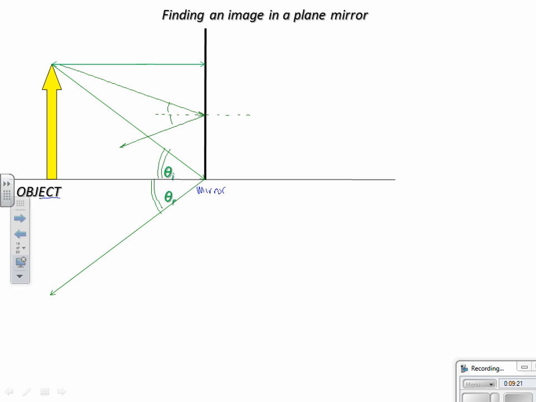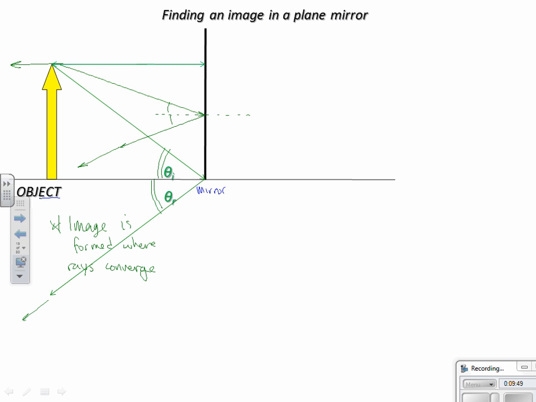Where's the image of this arrow, or the top of the arrow? Where's the image? Well, we have these rays that have reflected off the mirror and come out this way, and this way, and this way. So where's the image formed? The big deal is that the image is formed where the rays converge.